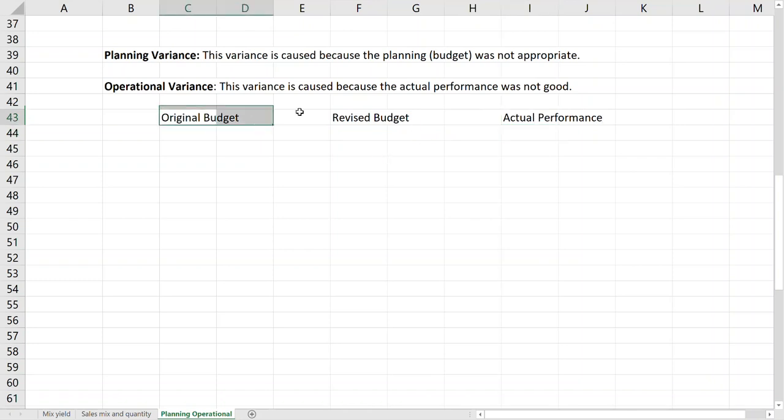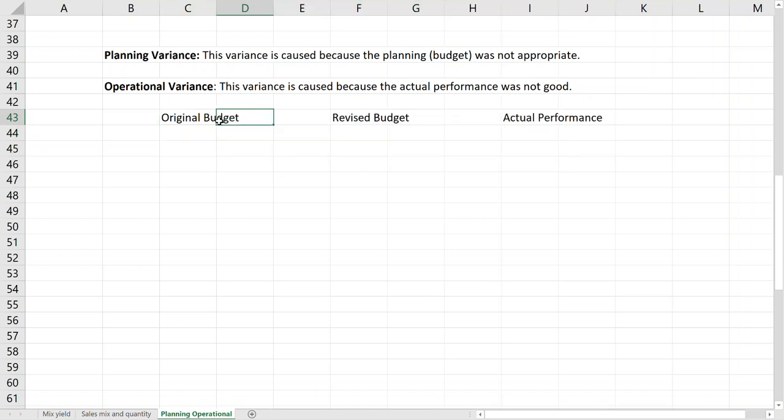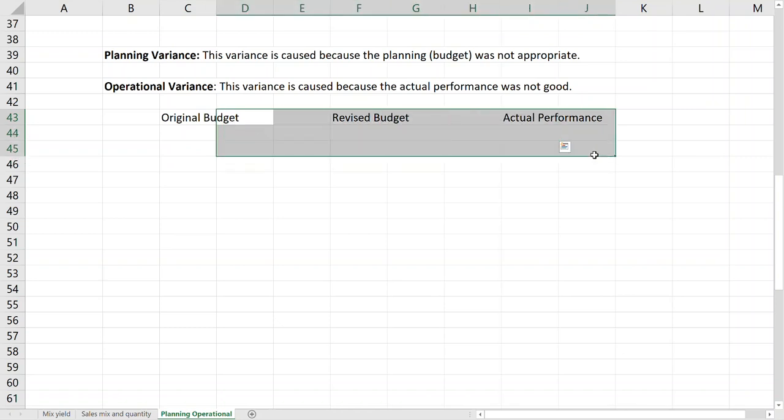If you compare actual performance with original budget, that gives you total variance. If you compare original budget with revised budget, it gives you planning variance. If you compare revised budget with actual performance, it gives you operational variance. So this is the total variance, but broken down in two parts: the planning part and the operational part.